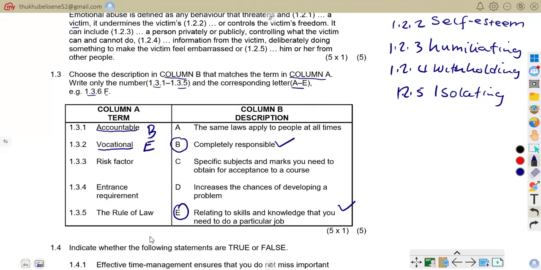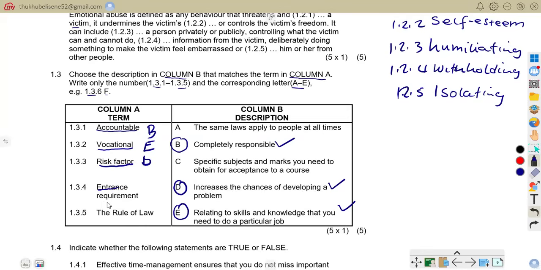Correct answer is E. Now we're coming to risk factor. When you talk of risk factor, you're talking about something that increases the chance of harm, disease, or negative outcome. So now let us see the description that matches the risk factor. We can see that 1.3.3 D is the correct answer, increase the chance of developing a problem.